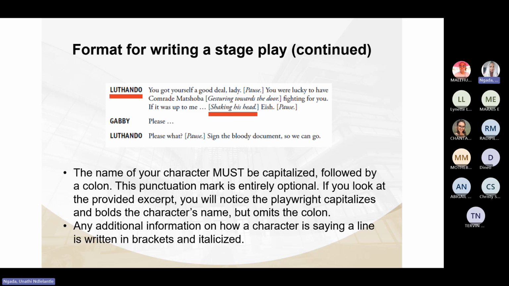And then in brackets, the playwright is specifying that while she is saying this, she is gesturing towards the door. Continues with the dialogue. And then again, the playwright specifies that while Lutando is saying, if it was up to me, he is shaking his head. So all the action that is done by the character while he or she is speaking, you need to write in italics and in brackets.